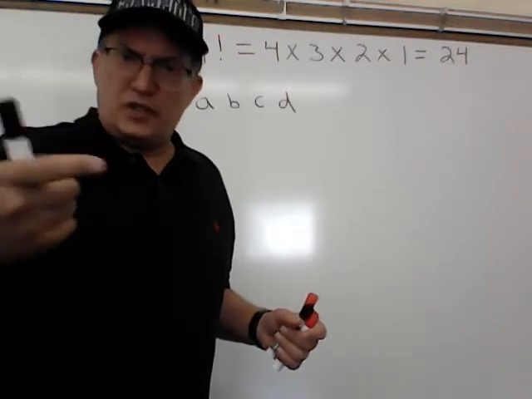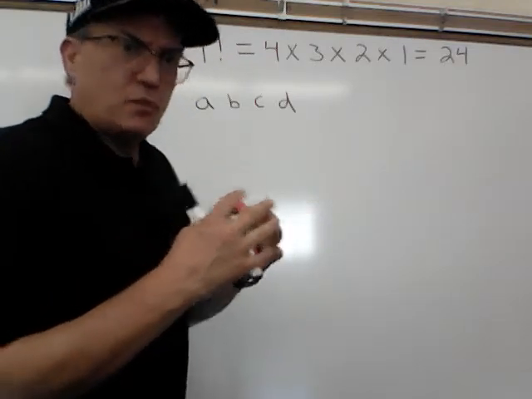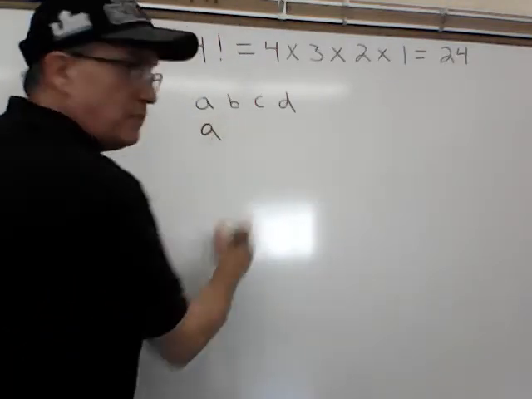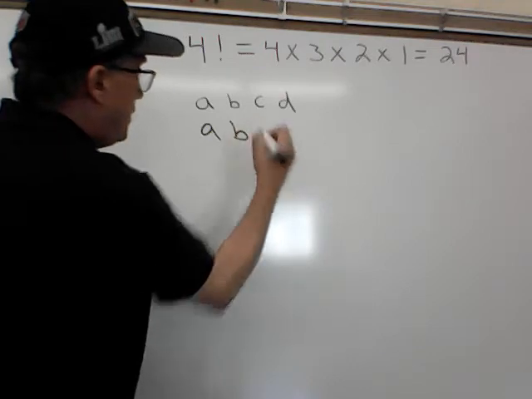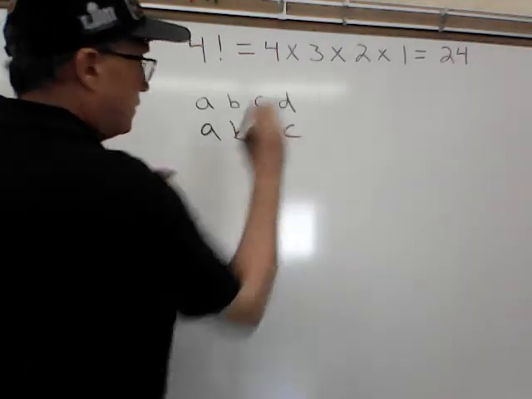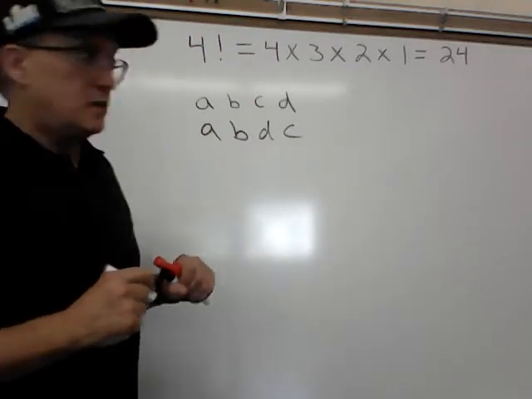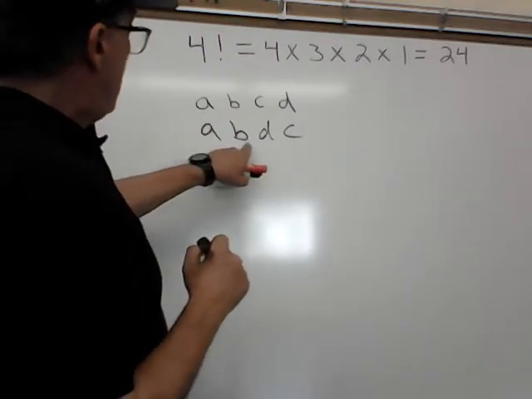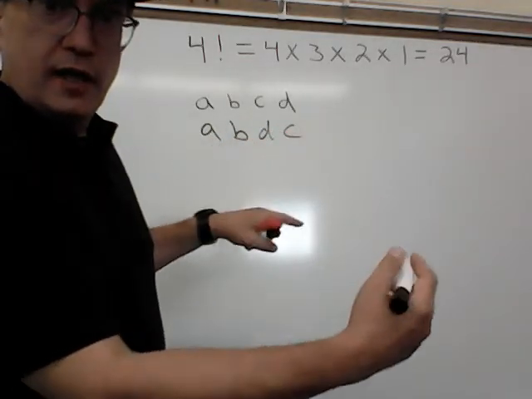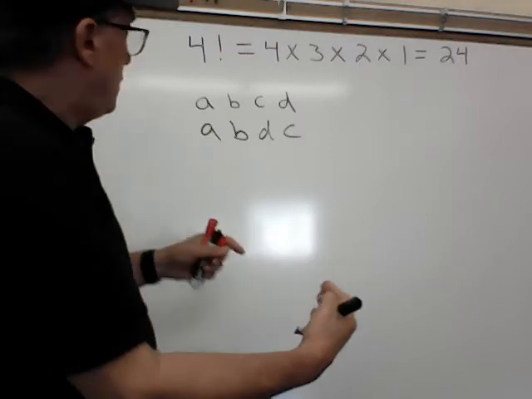Let's go through this systematically. I think the way that is comfortable for me is I'll keep the A and keep the B, and now reverse the C and the D. So now we have a second. There's no other way to do this with A and B first.